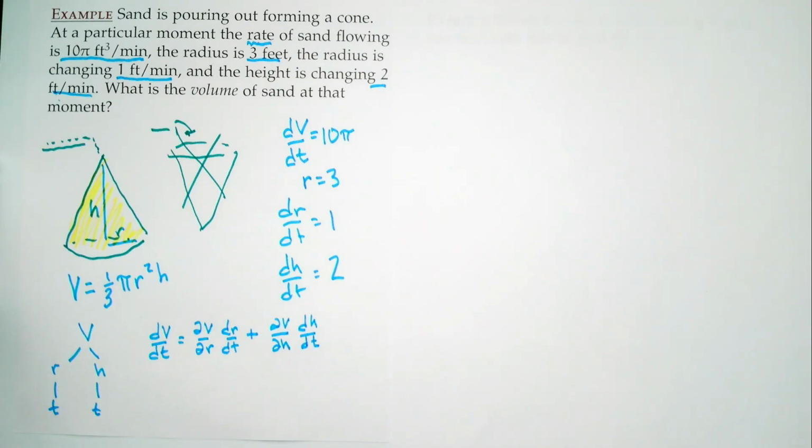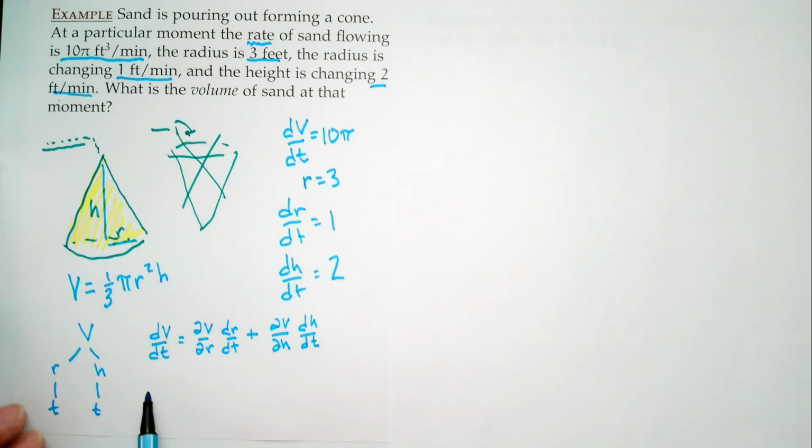We're just using different symbols. Instead of x, y, and z, we're using r, h, and v. Well, that's okay. Symbols are malleable. We can change them to be what we want them to be. We're doing this because if we have information about derivatives, we've got to put it into something that looks like derivatives. So now let's go through and put in what we know.